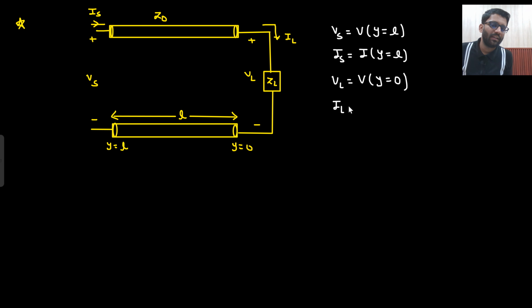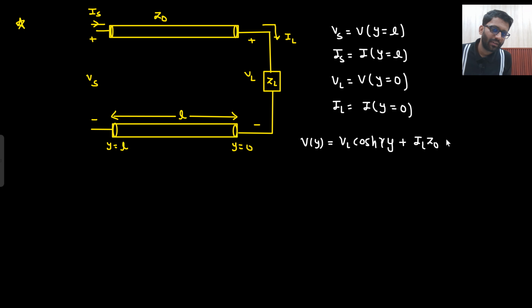And what is your IL? IL is the Iy expression only, but at y equals 0. Is that clear to you? And what is your Vy and Iy? Your Vy is VL cos hyperbolic gamma y plus IL Z naught sin hyperbolic gamma y.